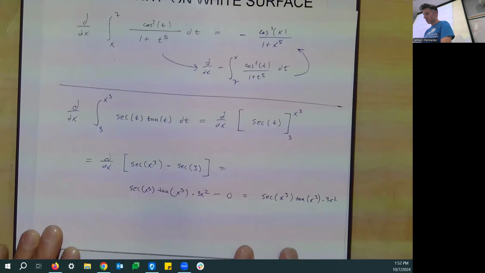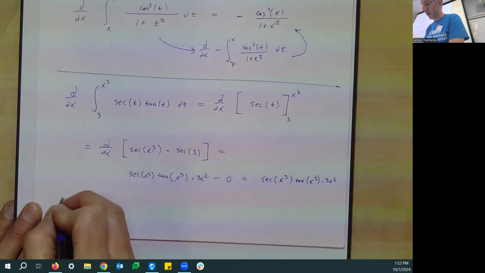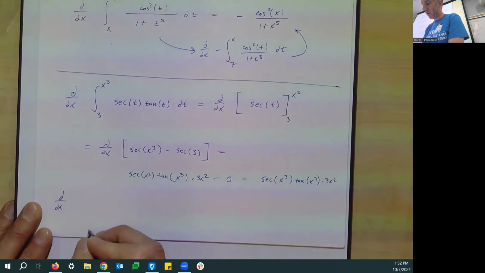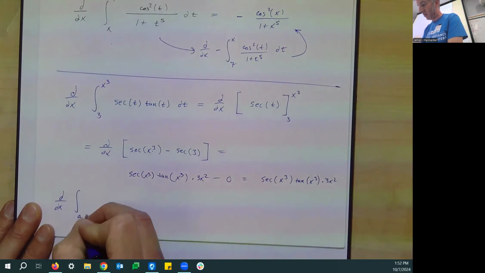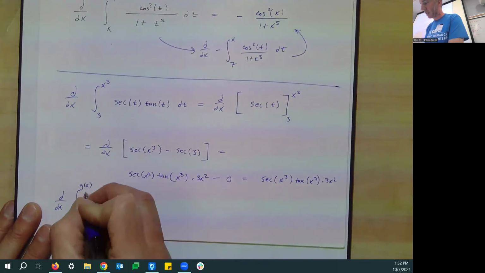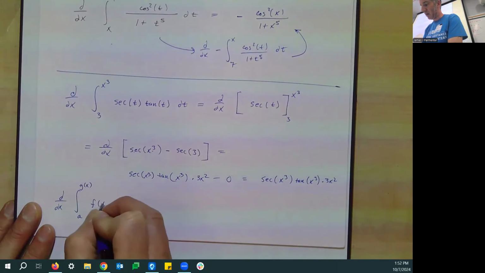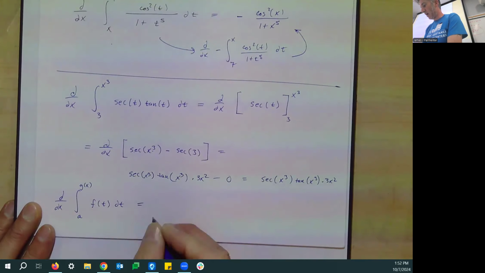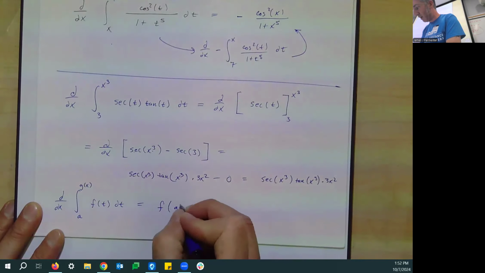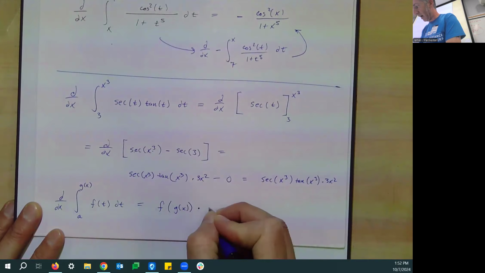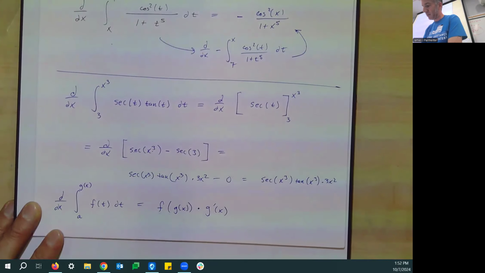Or the more general version of the fundamental theorem of calculus, part 1, is that the derivative of the integral from a to a function of x of f of t dt is, instead of f of x, f of g of x multiplied by the derivative of g of x.